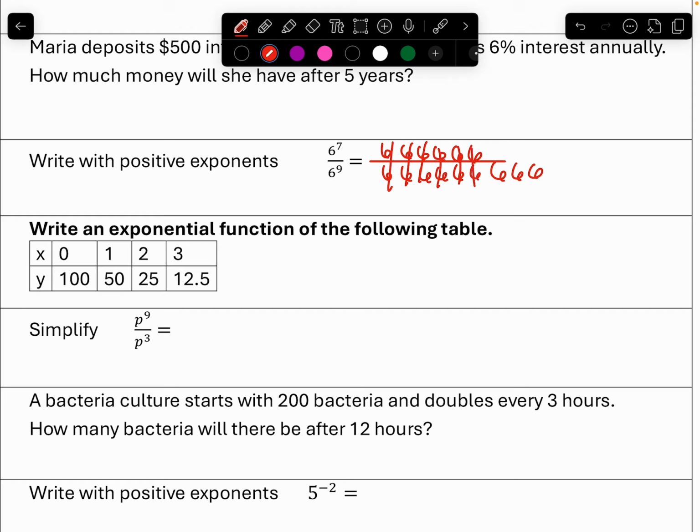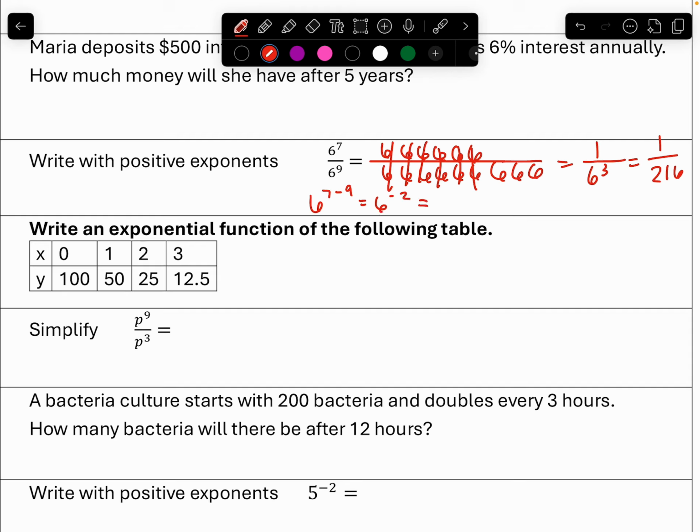These all turn into 1. There's nothing left over on top. 1 over 6 cubed, which is the same thing as 36 times 6, 216. You could do it like that, or you can do 7 minus 9, 6 to the -2.